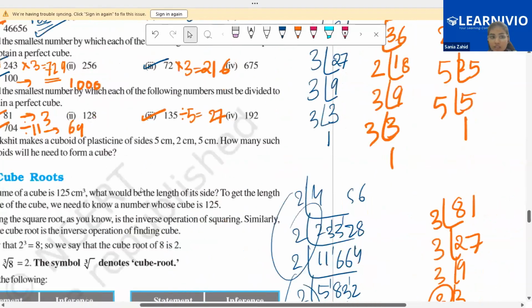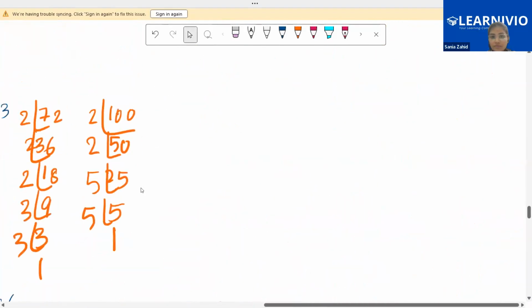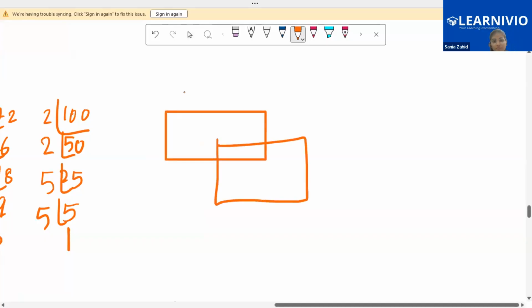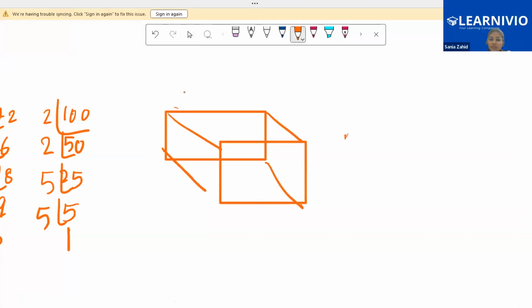So there is a cuboid like this. The length is 5 centimeter, breadth is also 5 centimeter, and let's suppose the height is 2 centimeter. Now they are asking how many cuboids must you join to form one large cube. Do you understand the question?